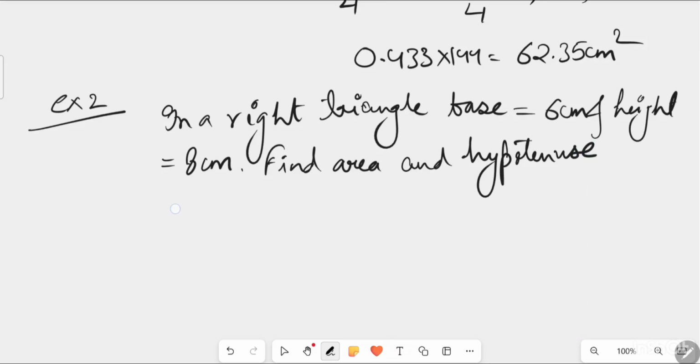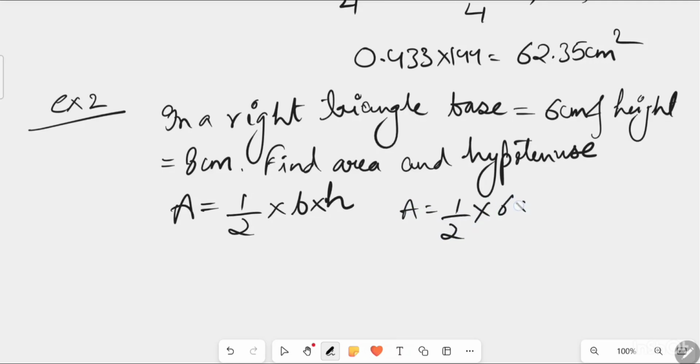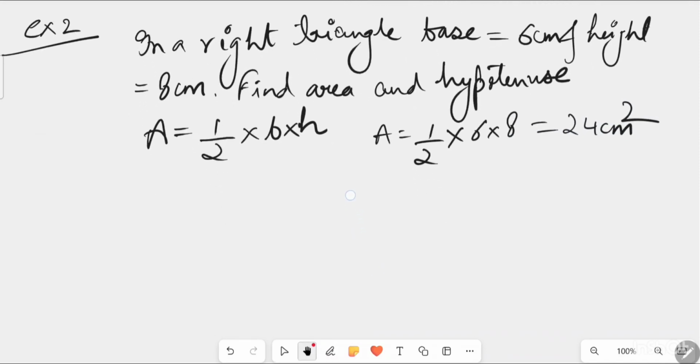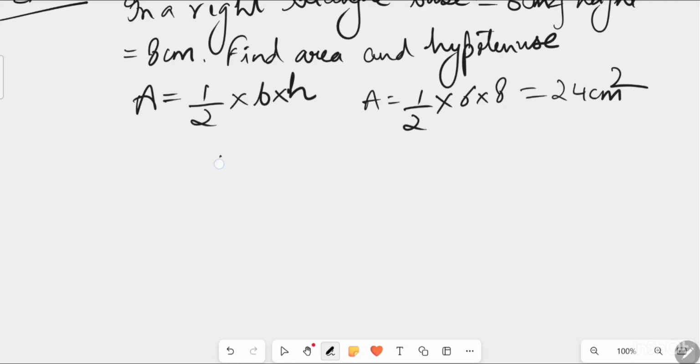So area is equal to half into base into height. So A is equal to 1 by 2 into 6 into 8, which is equal to 24 centimeter square. And how will we find the hypotenuse? By Pythagoras theorem.